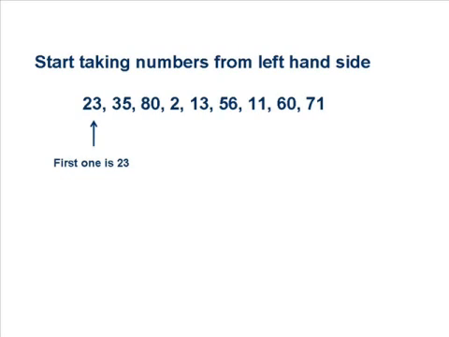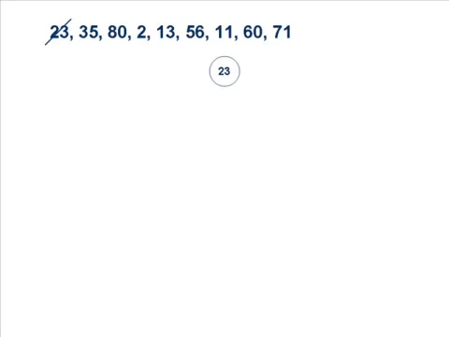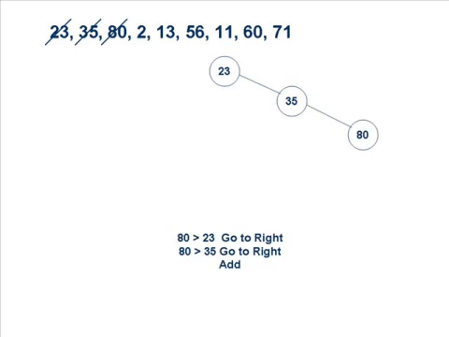Start taking numbers from the left hand side of the list and start creating a binary search tree. First one is 23. We take 23 and create a root node with the value 23. We take the next value, which is 35, and compare it with 23. 35 is larger than 23, so we place it on the right hand side of 23.